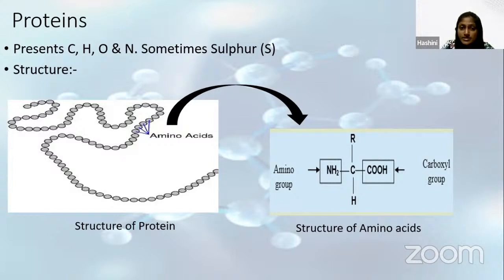So the monomer is amino acid. Amino acid contains 4 units: an amino group, a carboxyl group, an R group, and a hydrogen atom. The simplest amino acid we call glycine, because the R group is replaced by a hydrogen atom.